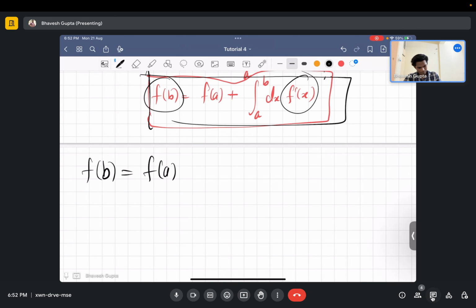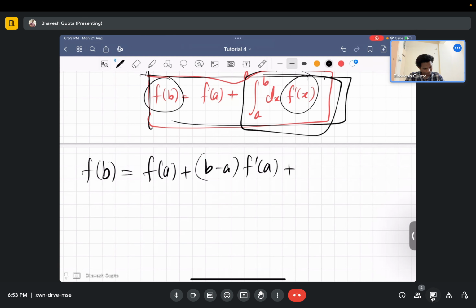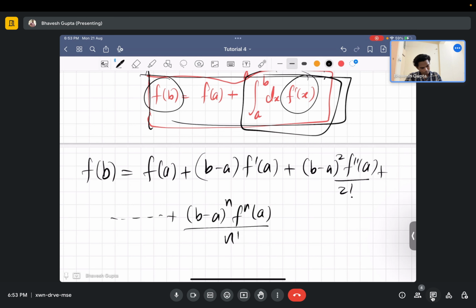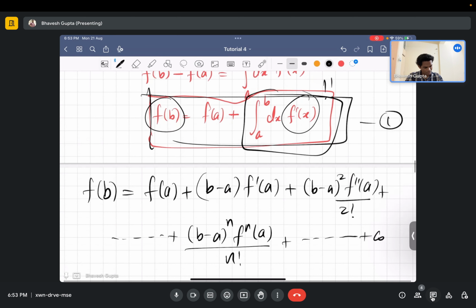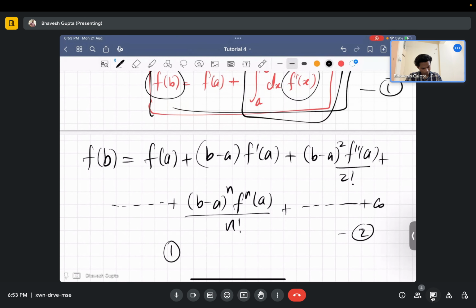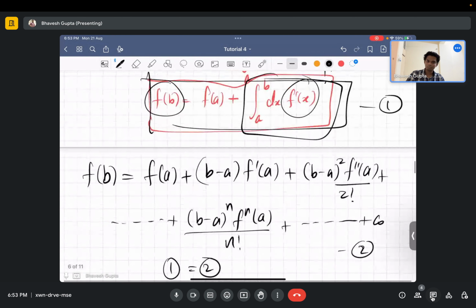Let's say if you try to solve this and expand it, it turns out that this is actually equal to this infinite series, and I'm claiming that 1 and 2 are the same, so you can do both, whatever you feel.